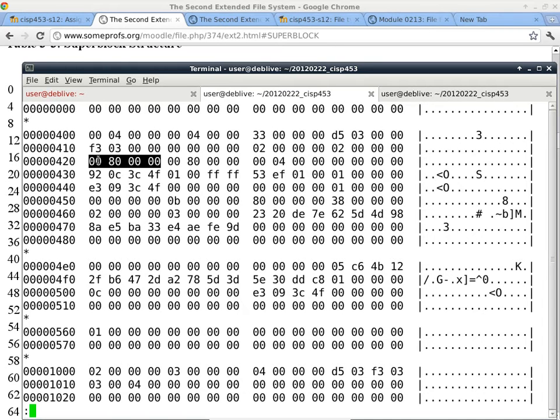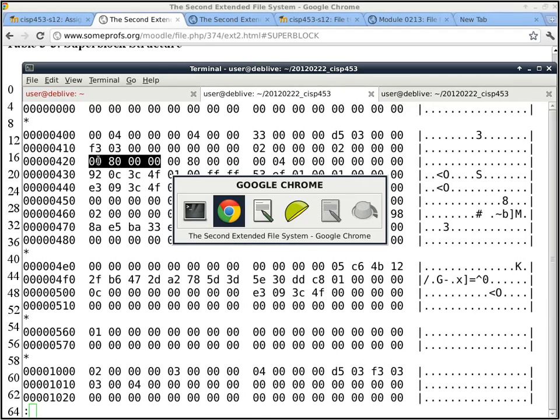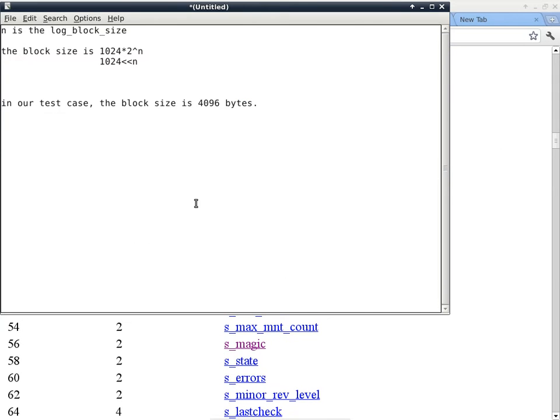Okay, it's 2 to the power of 15. So I will just write that down too. The number of blocks per group is 2 to the power of 15, which is approximately, okay, Perl people can tell me, this is not a real operator, so I'm just gonna do this, approximately 32,000.